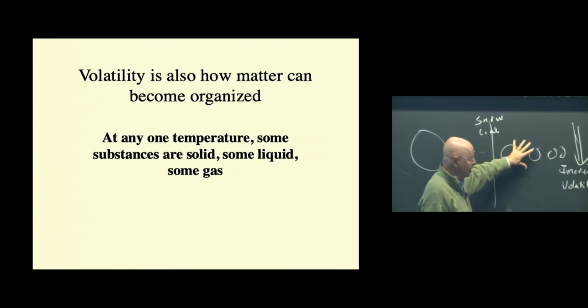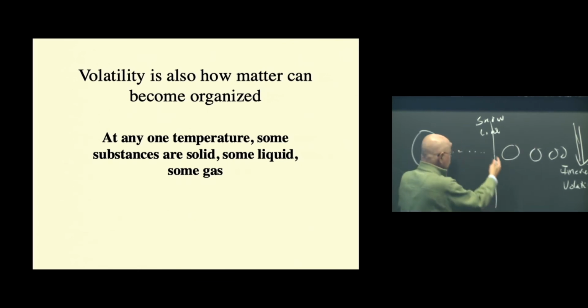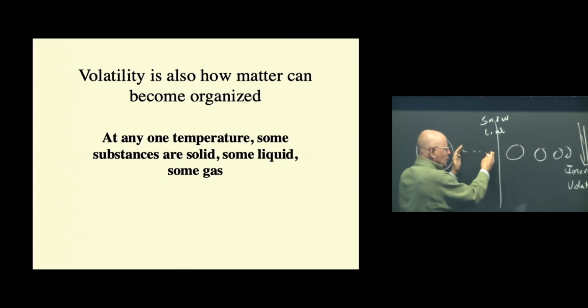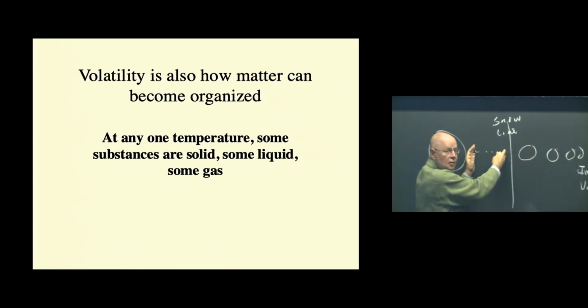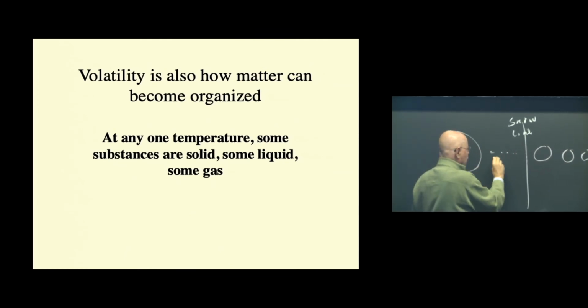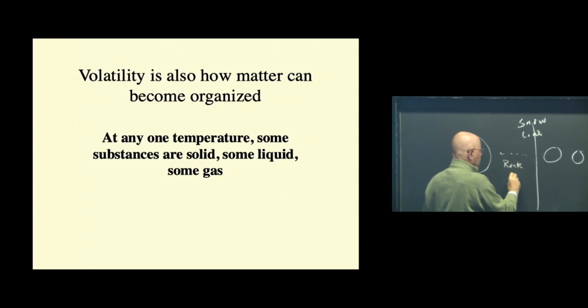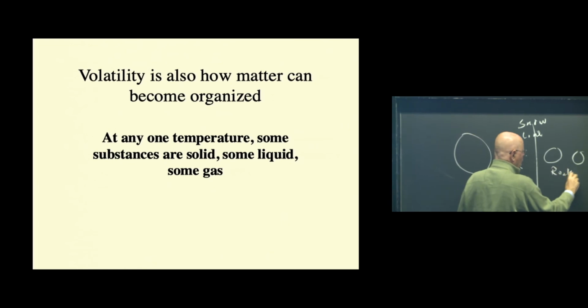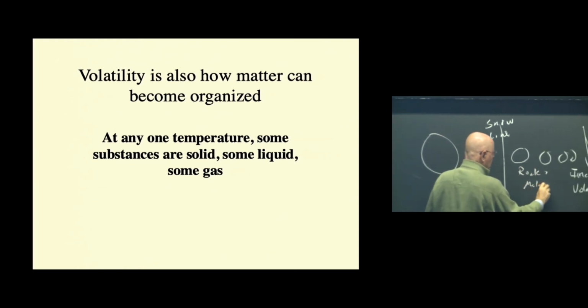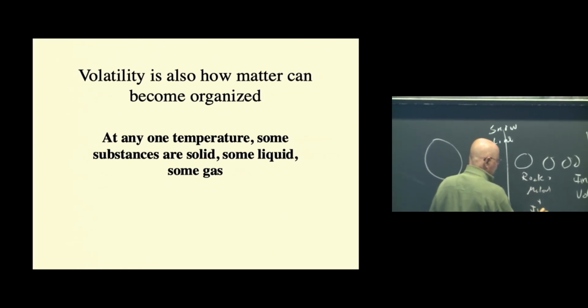When these things collect to form planets, they collect all that stuff. But on the inside of this line, it's too hot, so all of this stuff is just gas. The inner planets formed from just rock and metal, and out here you have rock plus metal plus all the ices.